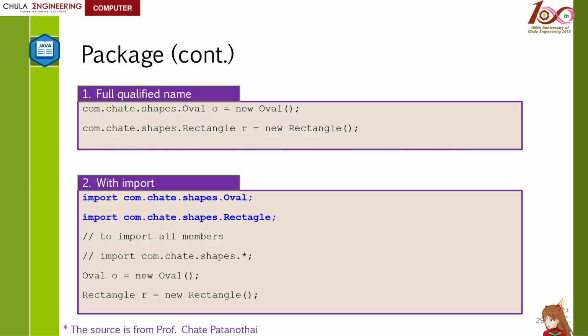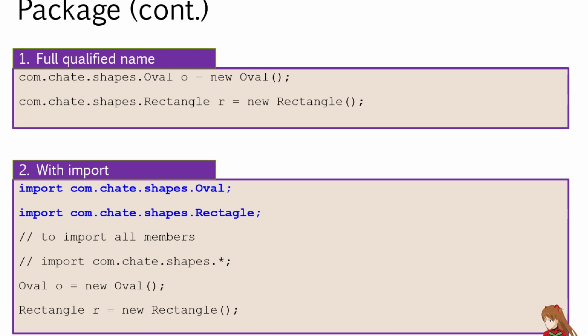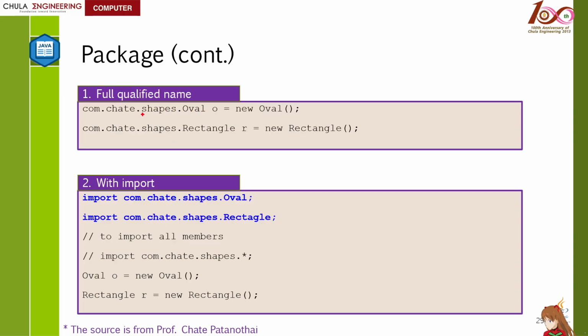So, for example, if we use the shapes package, in this case, the shape package comes from this library, com.shape.shapes. To refer to anything in that package, I will have to use its full name.